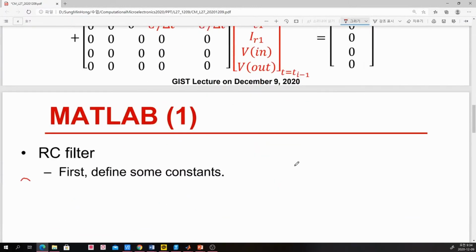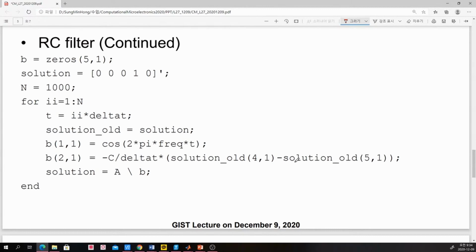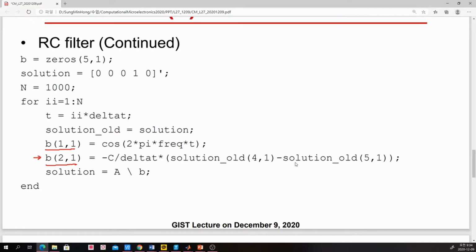But as you can see here, our implementation also contains terms like this. What is it? This term is nothing related with the voltage source, but it has a certain relation with the old solution.